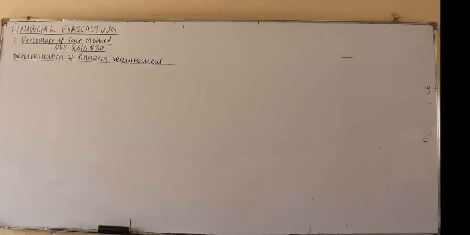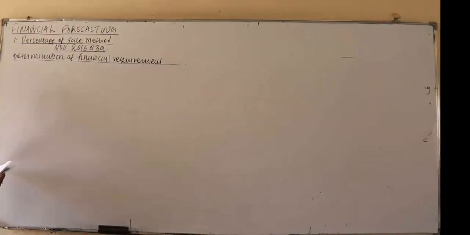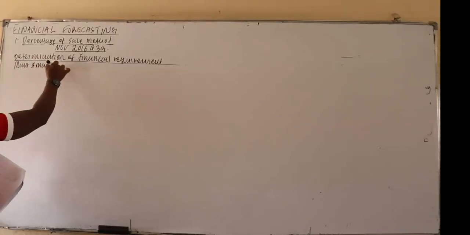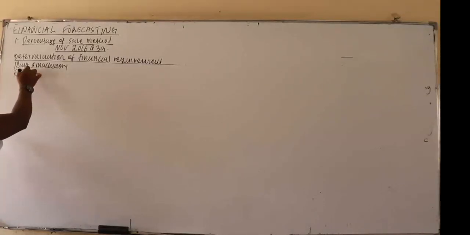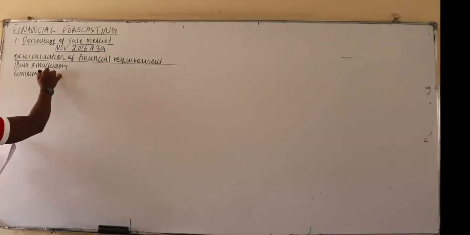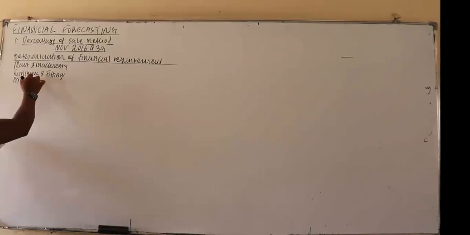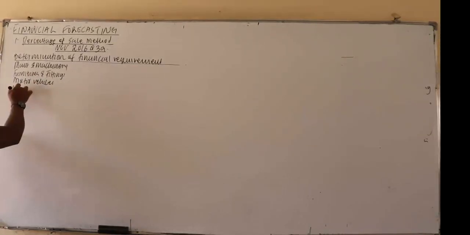Then on current assets, we have current assets, current liability, and retained earnings, correct? So now, since we have the statement of financial position, let's identify those items. Number one, we have plant and machinery. Then we have furniture and fittings. Then we have the motor vehicles. Then also we have the current assets, where we have the inventory.